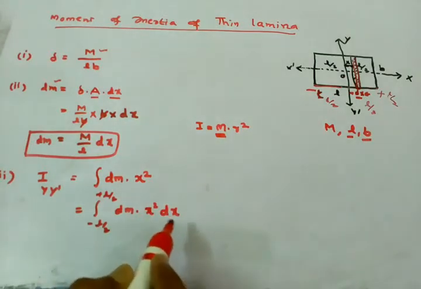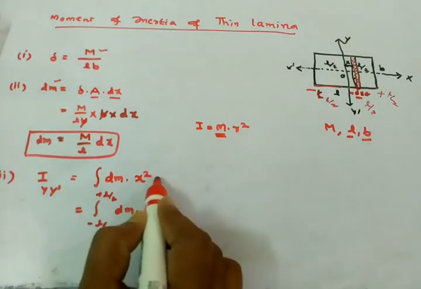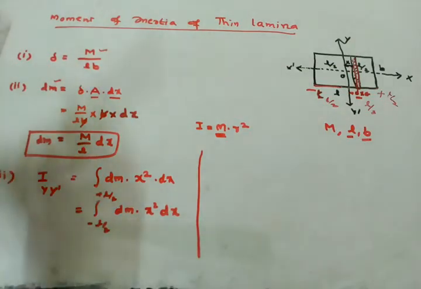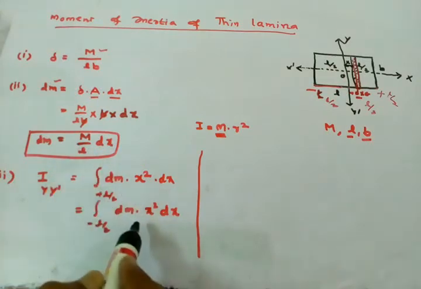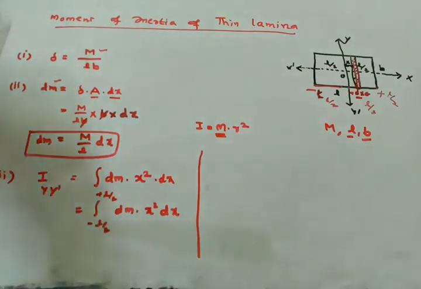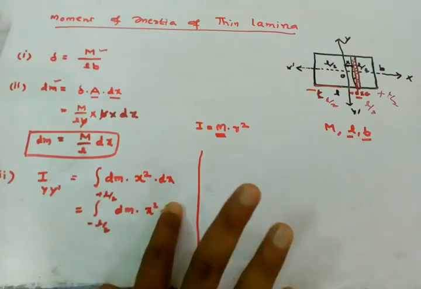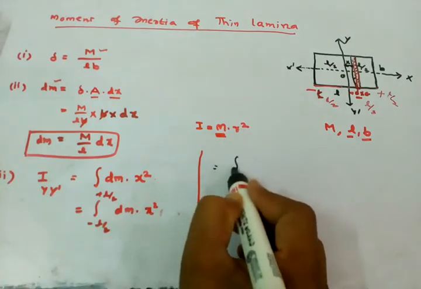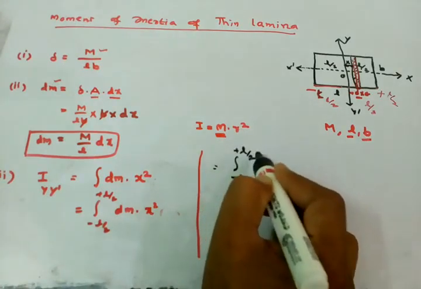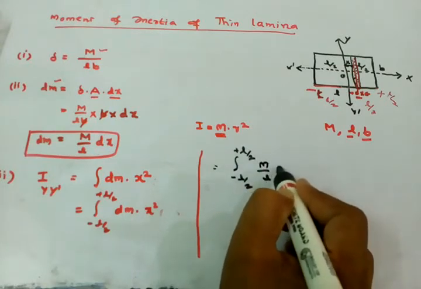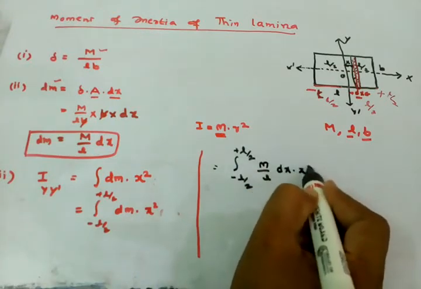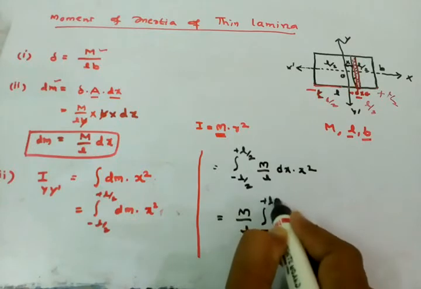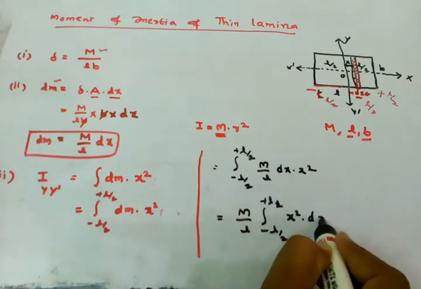We are moving one more step. See here, what is dm? We get dm equal to M by L dx, so the integral from minus L by 2 to plus L by 2 becomes M by L times the integral of x square dx.